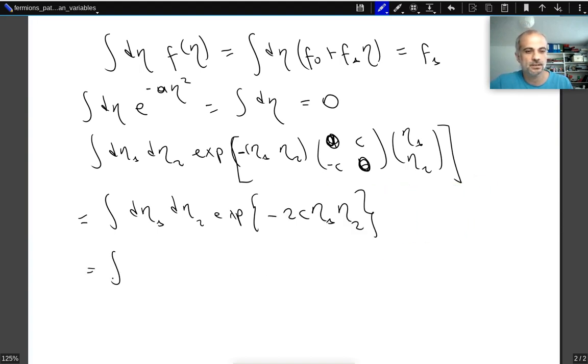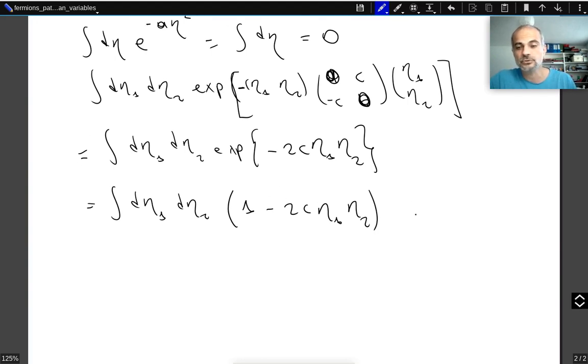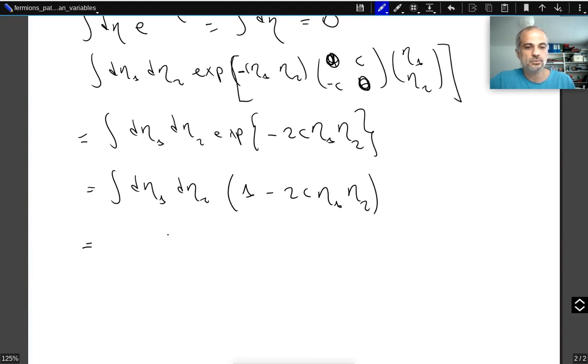Now let's take the integral d eta 1 d eta 2 of the exponent. We can use the Taylor expansion of the exponent. This will be 1 minus 2c eta 1 eta 2. Note that the higher order terms do not exist, so this is exact, because higher order terms will include eta 1 squared or eta 2 squared, which are 0.